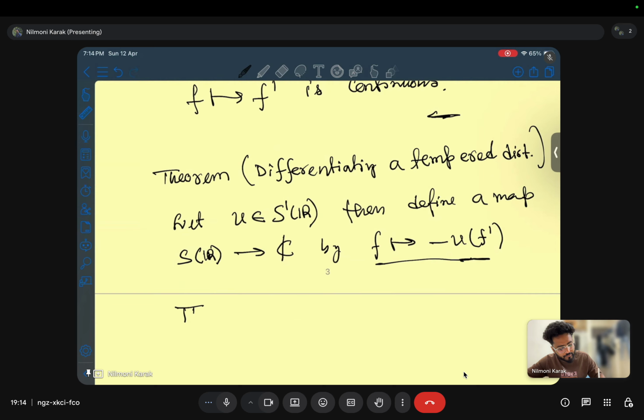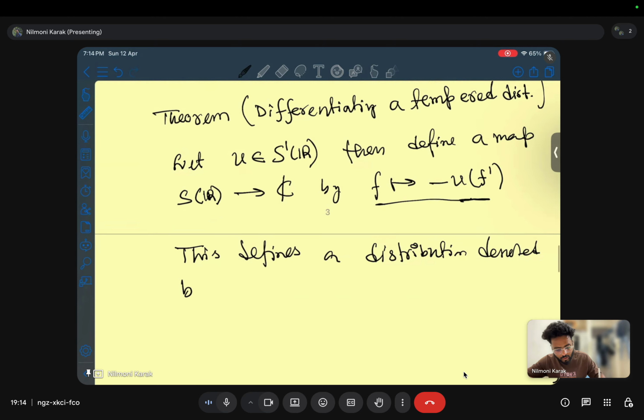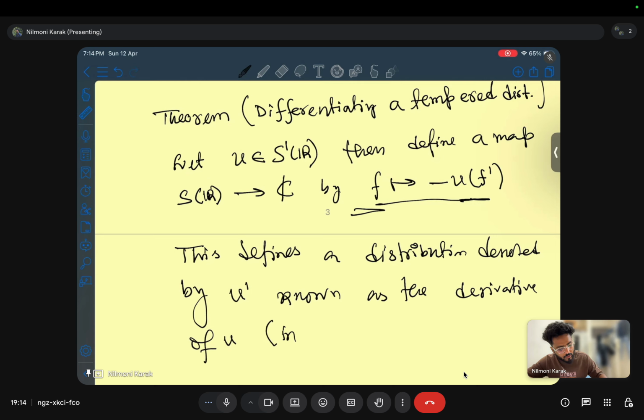This defines a distribution denoted by u', known as the derivative of u in the sense of distribution.